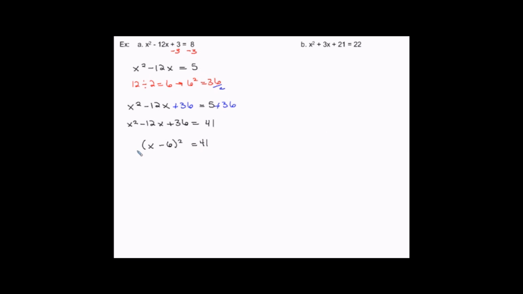And then I'm going to take the square root of each side. Now 41 is not a perfect square. 41 is actually a prime number. So when I take the square root of this side, I'm going to get x minus 6. When I take the square root of this side, I'm going to get plus or minus the square root of 41 because I can't simplify it.